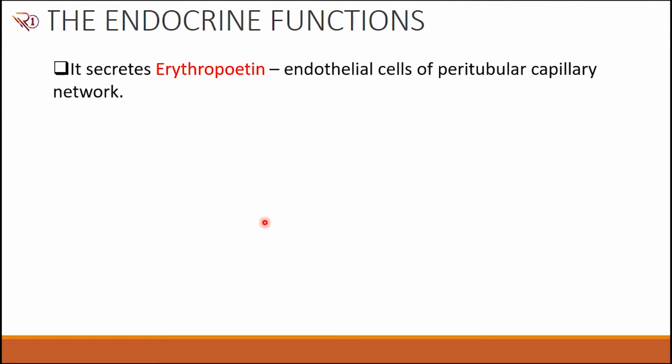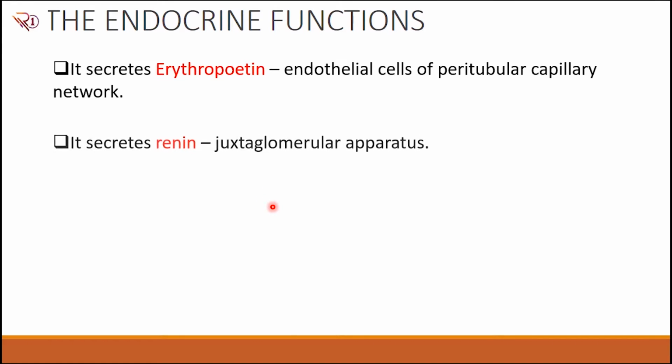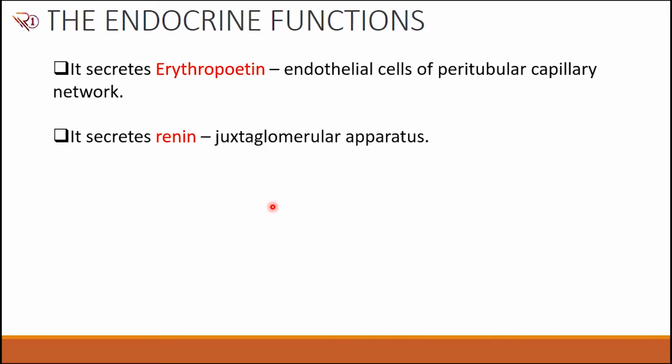The endocrine function of the kidney usually deals with the secretion of erythropoietin. That is what? Red blood cells. So it secretes erythropoietin by what? By the endothelial cells of the peritubular capillary network. It also secretes renin by the juxtaglomerular apparatus.